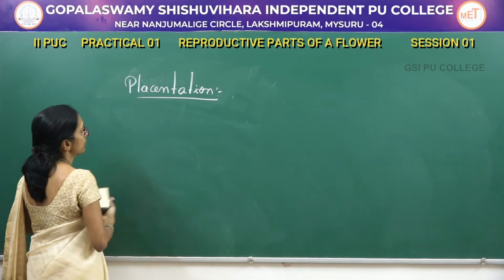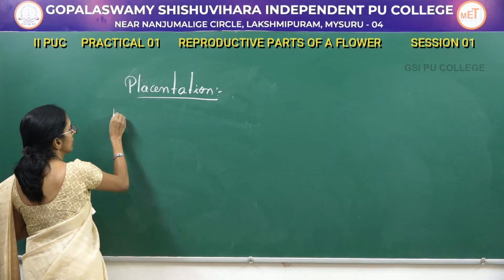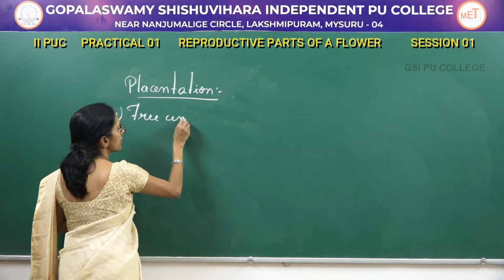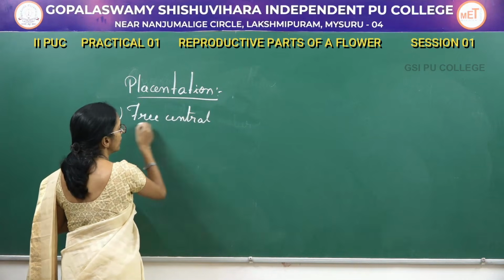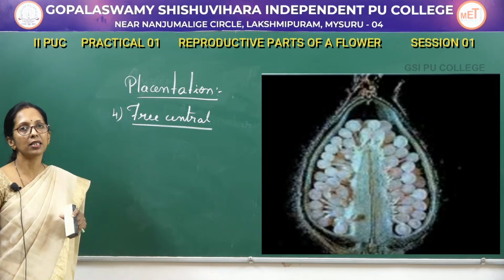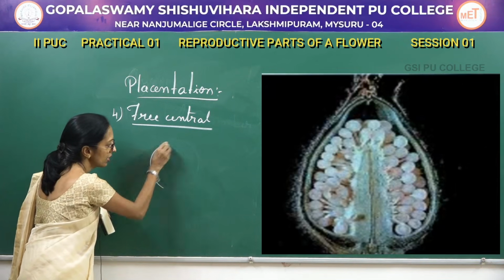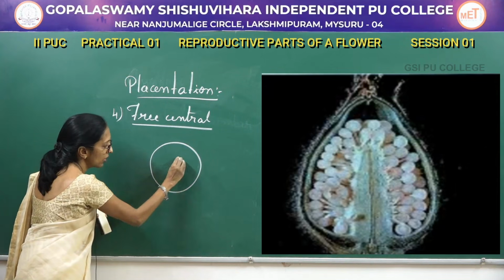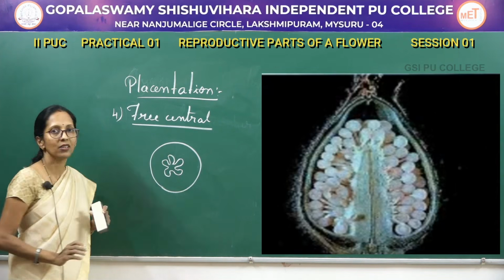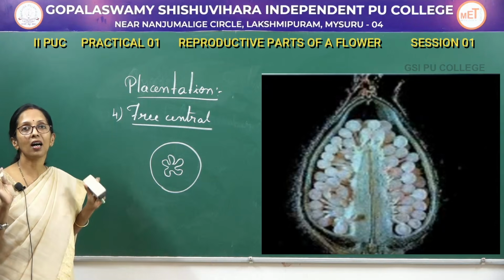The fourth one is free central placentation. Here the ovules are present in the central axis without septa.